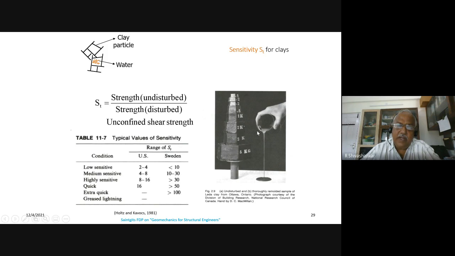But the same soil, when put in a beaker and stirred and you pour it, flows like a liquid. Liquids don't have any shearing resistance or shear strength. So the shear strength is lost on disturbance. We call such soils sensitive soils, usually sensitive clays.